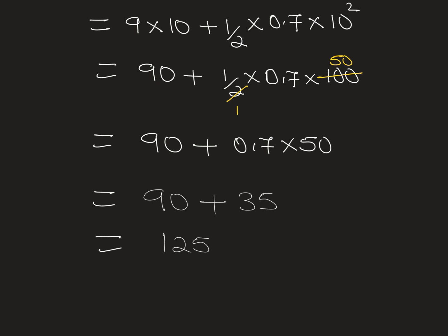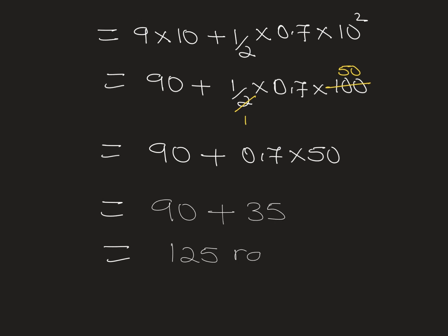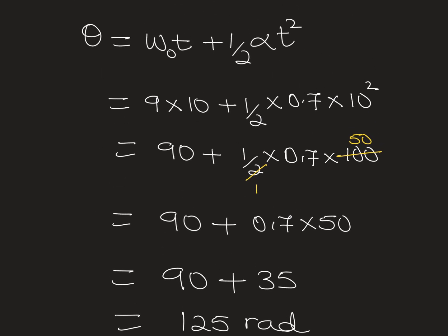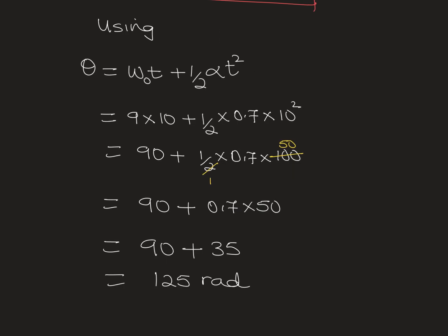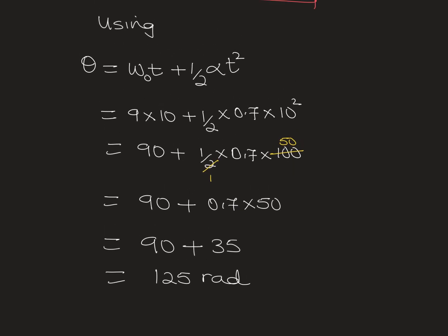So that will be 125 radians. Okay, that is the unit of angular displacement. If you want, you can express it in terms of revolutions or in terms of degrees. Okay, but the answer usually should be in radians.